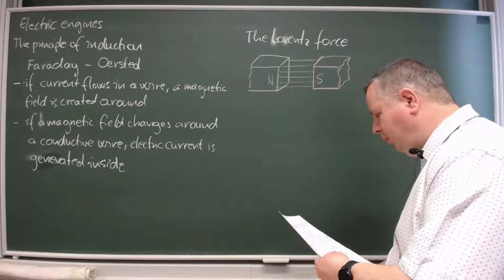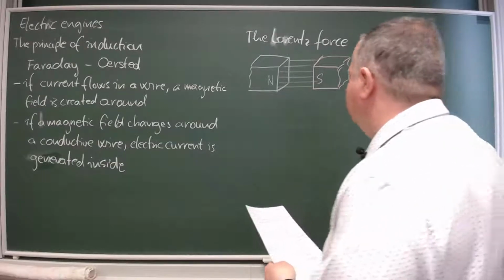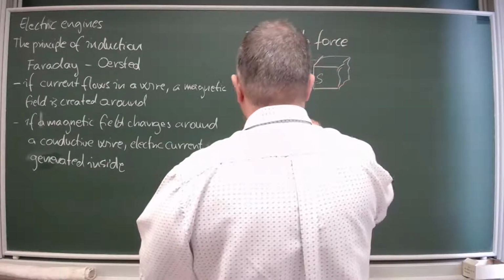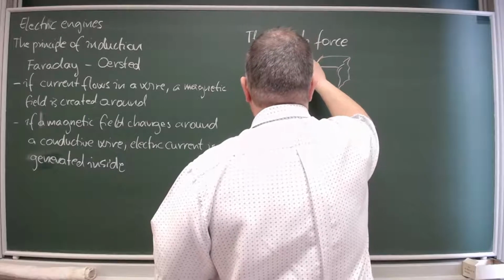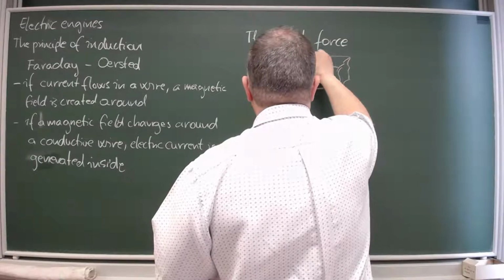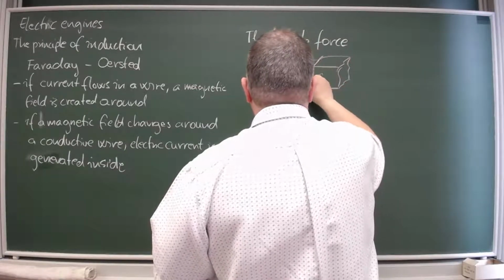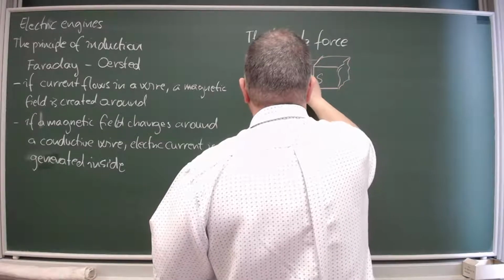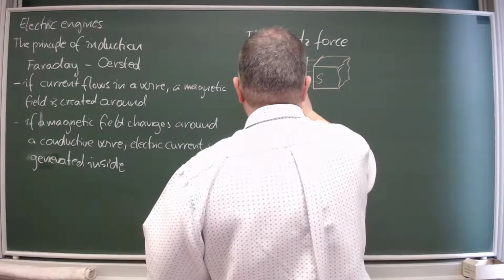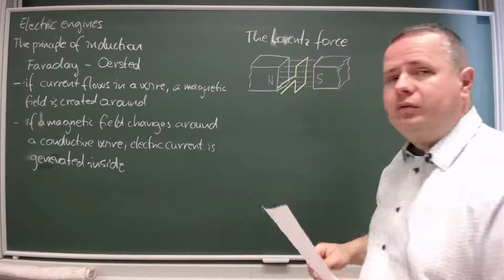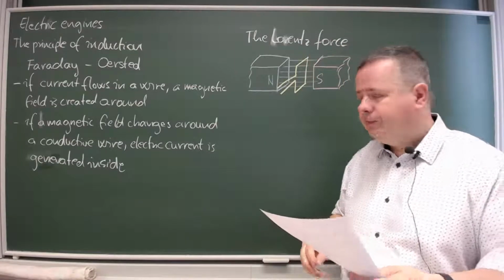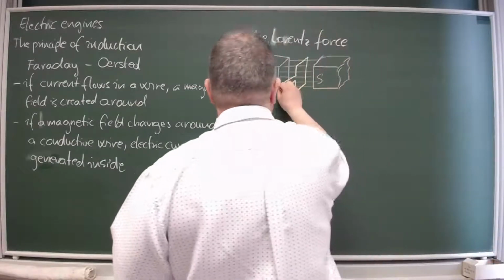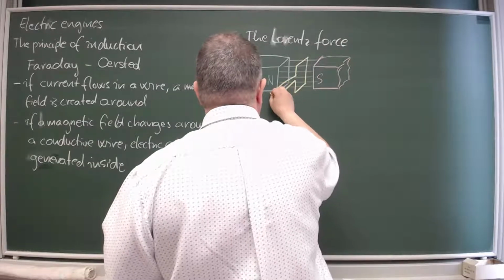And if you put in this zone a wire, let's have the wire in this yellow color, so you put a wire loop here, you will see interesting things.